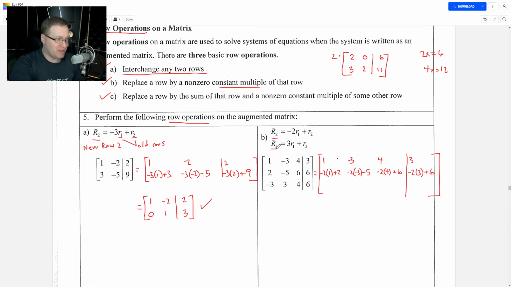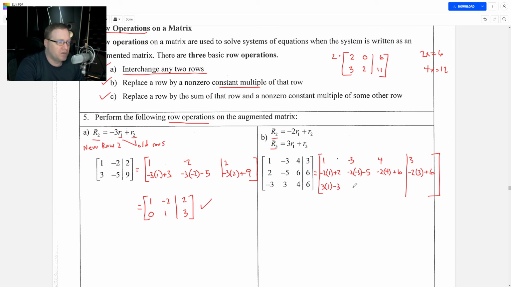Now we also need to have a new third row. Okay, so how do we do that? Well, it's going to be 3 times our old first row, which is 1, plus our old third row, which is -3, so -3.